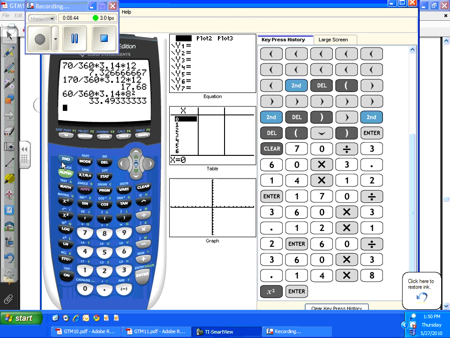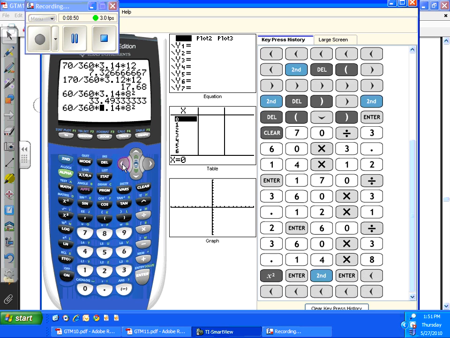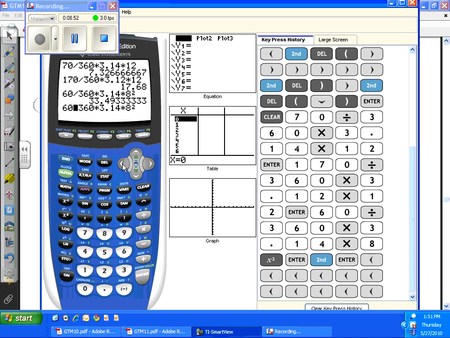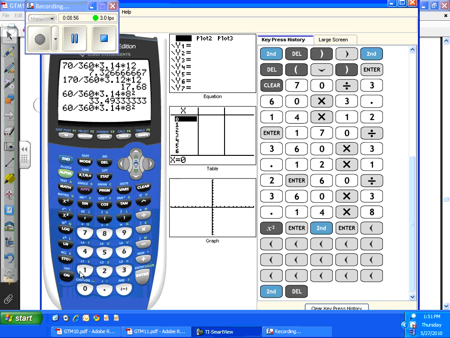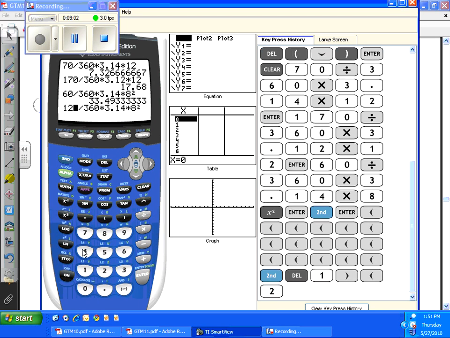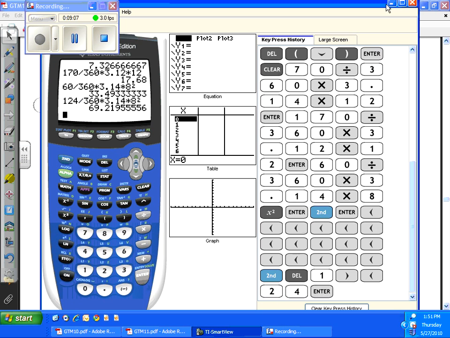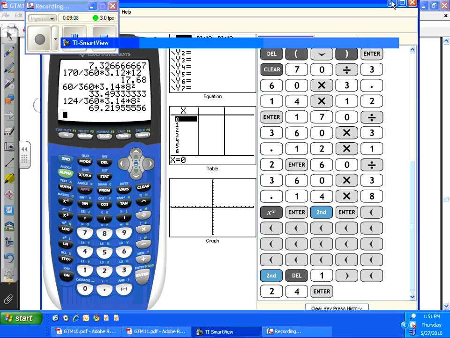We could hit second entry and it'll bring that back up. We want the first to be a 124, so we want to insert a 1. Get off and back on. We're going to change that to a 24. Everything else was the same. 69.22 rounded.